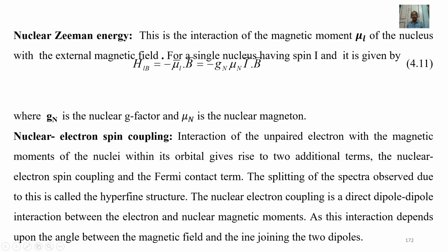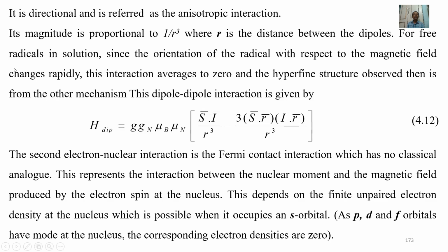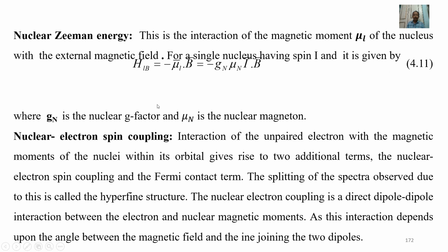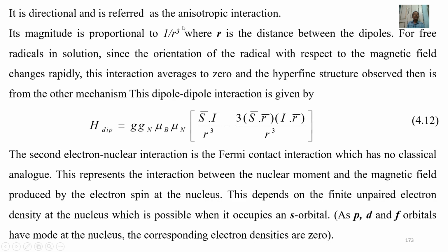The nuclear electron coupling is a direct dipole-dipole interaction between the electron and the nuclear magnetic moments, as this interaction depends upon the angle between the magnetic field and the line joining the two dipoles. It is directional and is referred to as the anisotropic interaction.